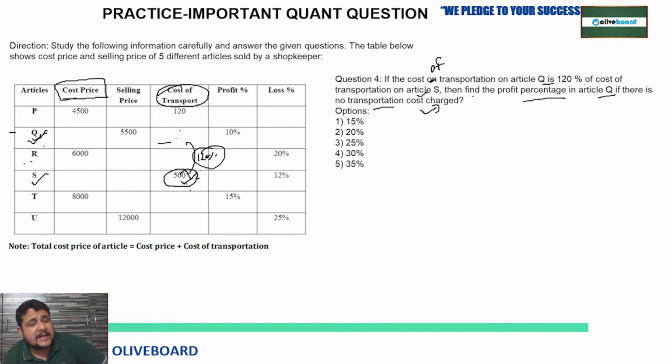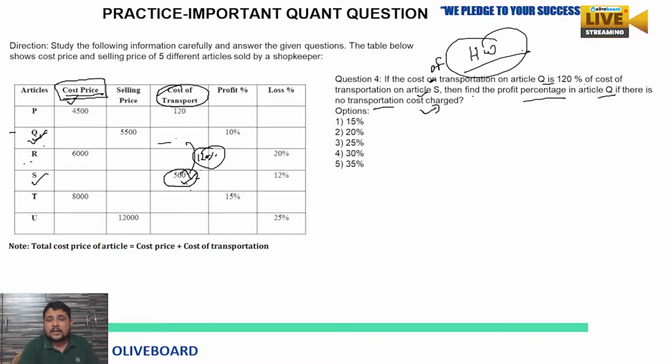What are they saying actually? Find out the profit if there is no cost of transport. So in that case, your total costing is going to be only cost price. With respect to that, how much profit you are getting? So that's why this is going to be very, very interesting. So just take the screenshot. This is the homework. Easy question. I explained you all the details.